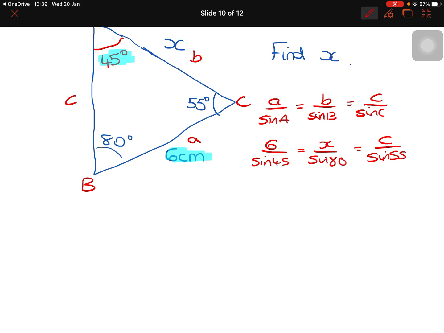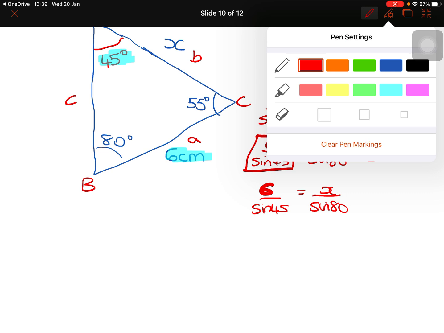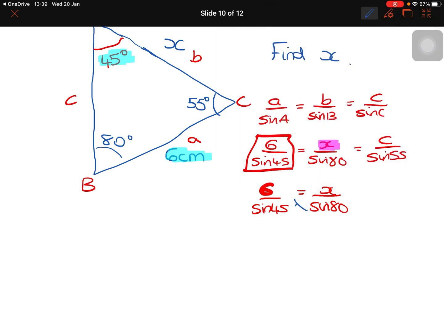Now, because the one I am after is x just here, and because that fraction there has got my matching pair, they are the two that I take down. So I'm just now focused on 6 over sine 45 equals x over sine 80. I need x on its own, so all I'm going to do is multiply both sides by sine 80.